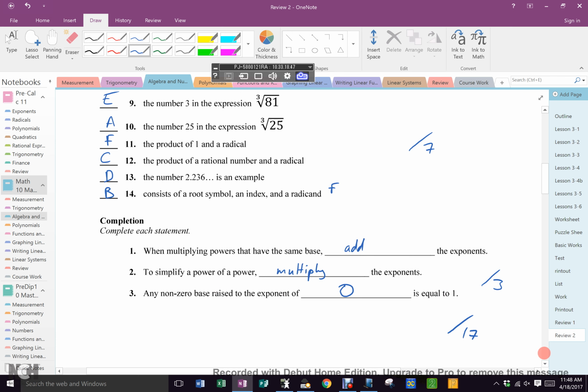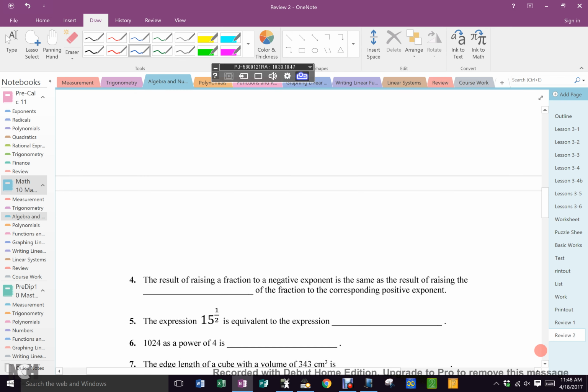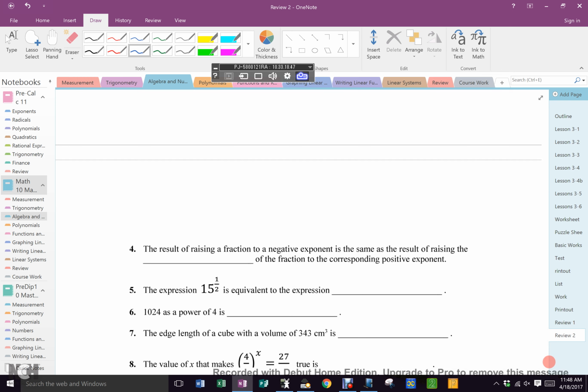Huh? You have more? Oh. There's more. Okay. Number 4. If the fraction's negative, what do we do to the base? There's a proper math word for it, which I used.